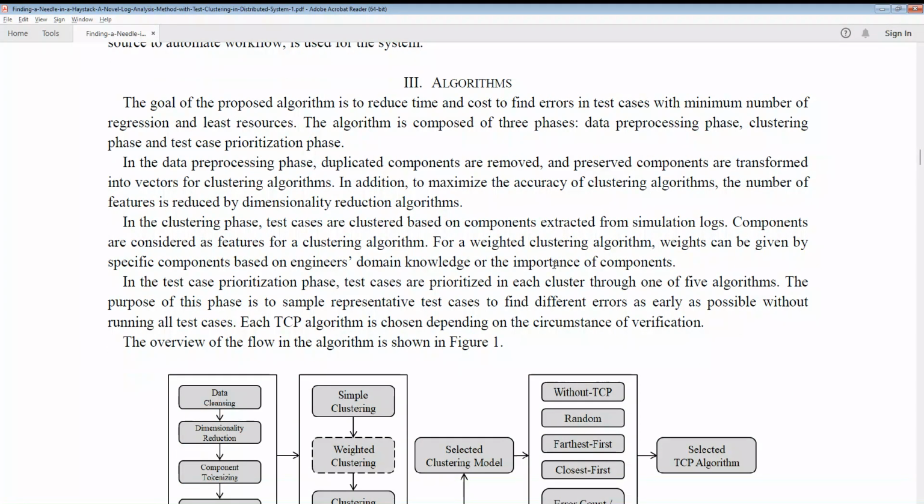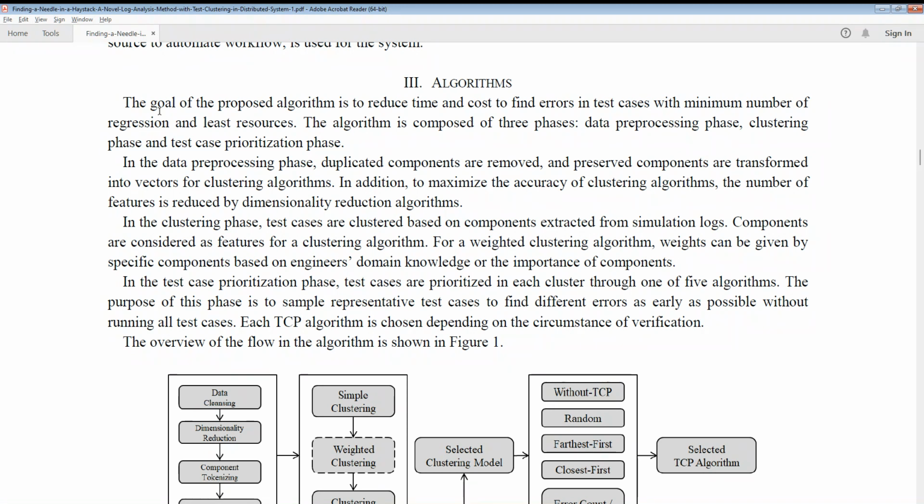Section 3, algorithms. The goal of the proposed algorithm is to reduce the time and cost to find errors in test cases with a minimum number of regressions and least resources. The algorithm is composed of three phases: the data pre-processing phase, the clustering phase, and the test case prioritization phase.